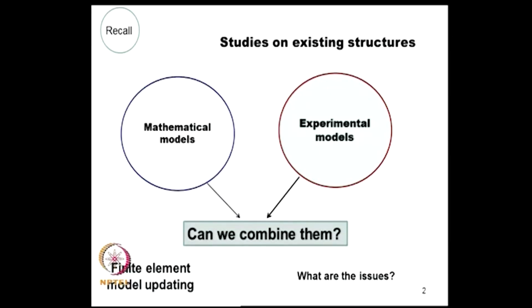So, the predictions from experimental models most often would not agree with predictions from the mathematical model. So, the question arises, how can we combine these two models? Both models are prone to errors, imperfections. There are various assumptions that we make in making mathematical models pertaining to constitutive laws.